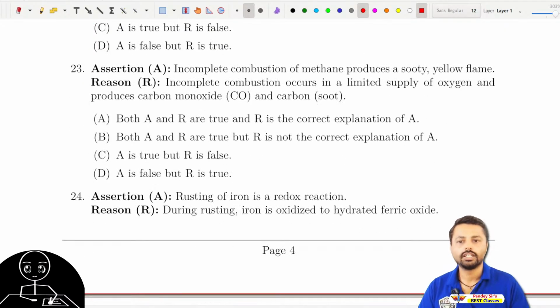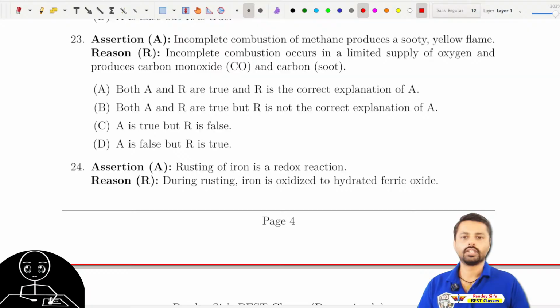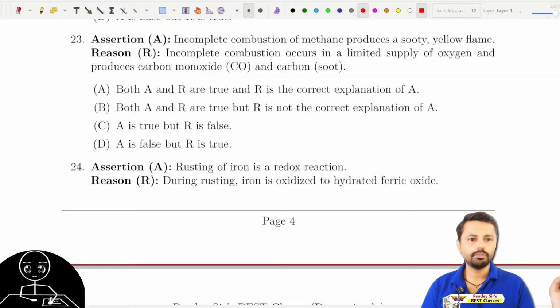Next one, assertion: incomplete combustion of methane produces a sooty, yellow flame. Reason: incomplete combustion occurs in a limited supply of oxygen and produces carbon monoxide, CO, and carbon.